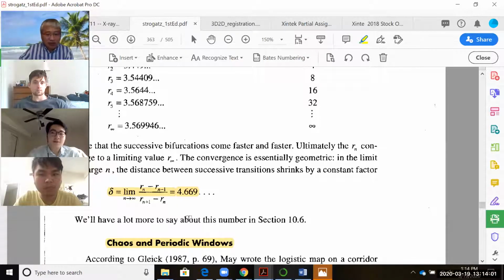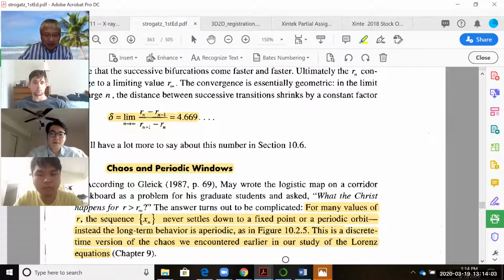We'll talk a little later about how we describe chaotic behavior quantitatively.